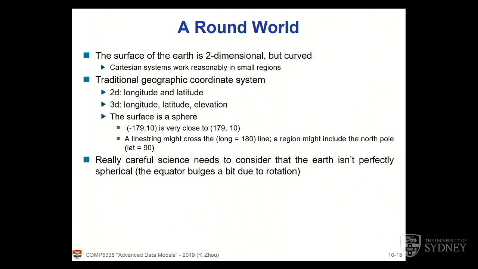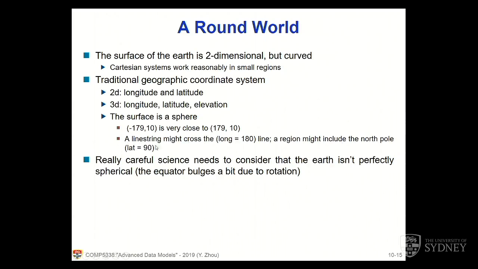And there are lots of places that need special treatment, like the surface is a sphere, so it curves back. So minus 179.10 and 179.10 look pretty different on the surface, but they're actually pretty close.